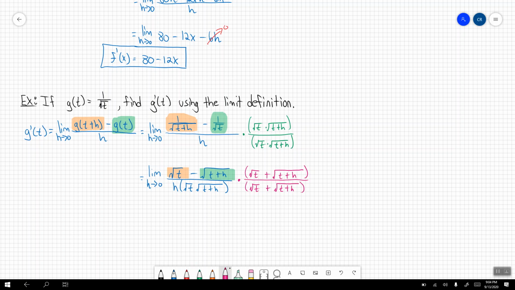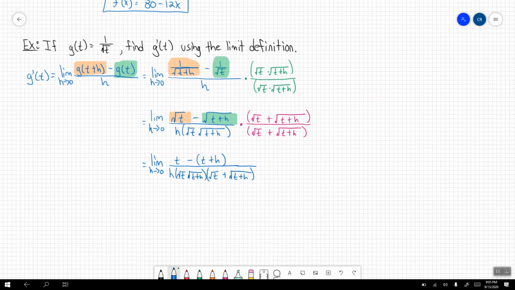As such, for my numerator, it's the difference of squares, which means we're going to be left with t minus t plus h, all divided by, and again I don't want to distribute, I want to keep everything as is, square root of t plus h multiplied by the square root of t plus the square root of t plus h.